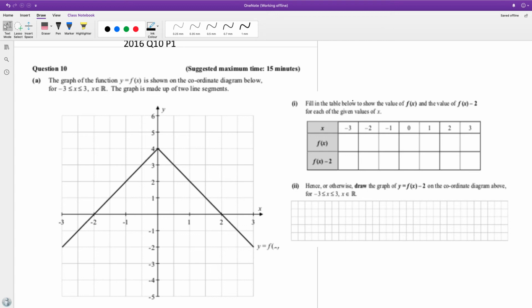As I said, the worst thing you can do is be wrong. So, Emer, what did you fill in here? Good girl. Why did you fill in -2 here? Exactly. For -3, the y coordinate that matches it for our line is -2. Brilliant. And what did you fill in for -2 then?